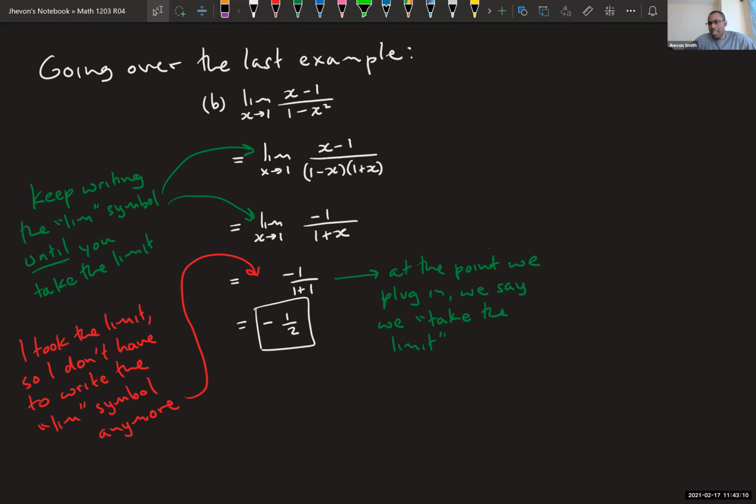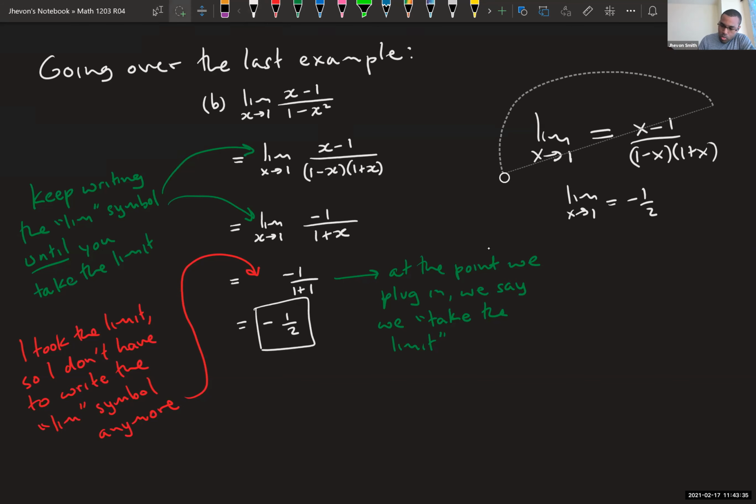Also notice, this is something that happens quite often. I don't know where it comes from, but the limit is right beside the function. I've seen students write things like limit x approaches 1, they write the equal sign here, and then they put the function over here. Or they write the limit as x approaches 1 equals -1/2, or something like that. Wrong notation.